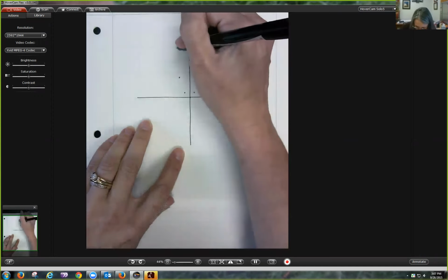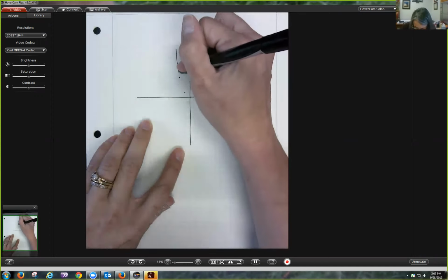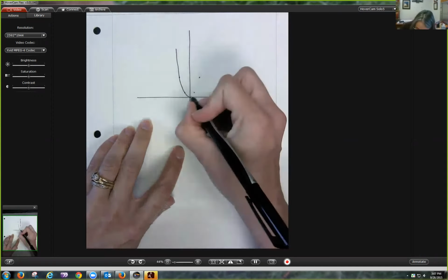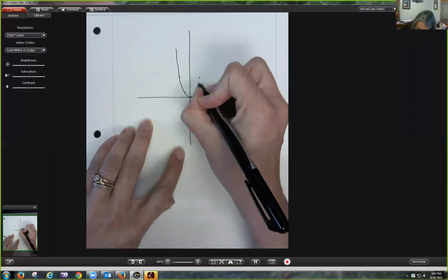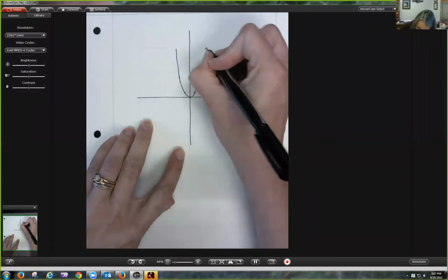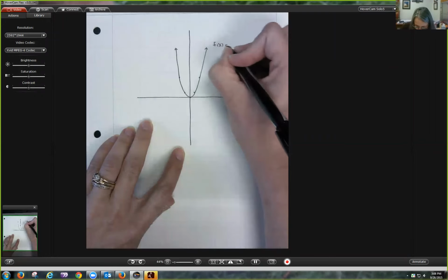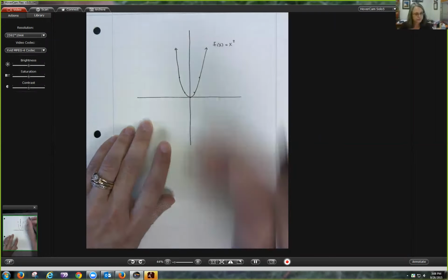We'll just leave it with this. Okay, so this is f of x equals x squared.